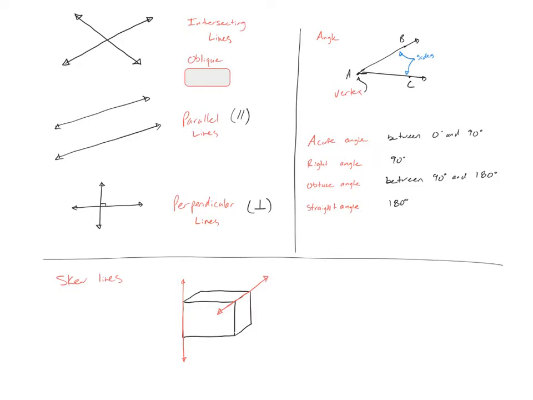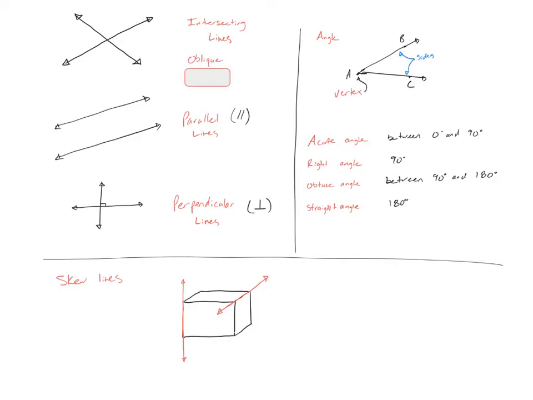Okay, let me come on down to the bottom of this page. We're talking about skew lines. Skew lines are not in the same plane, which means that they're not on the same surface. So maybe think about a golf course being a plane, and then the golf tee would be another line that kind of crosses through it.